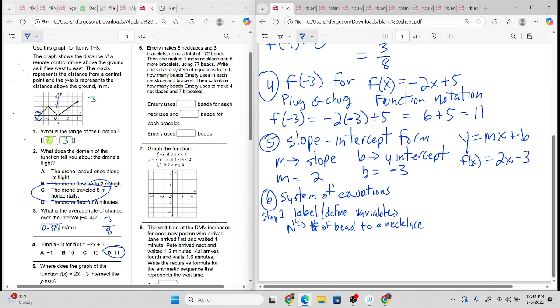And then I've got B, that's the number of beads to make a bracelet. So now I got my variables labeled N and B. So now I'm gonna step 2, I'm gonna write some equations. I'm gonna put some symbols up from the words.